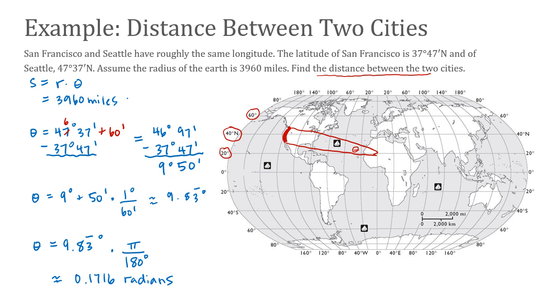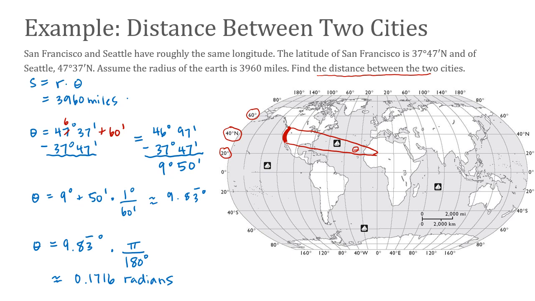Now, I'm writing these numbers, terminating them sort of randomly here. What you should know is that when I'm using my calculator, I'm using all the exact computations, and I'm only rounding at the very, very end. So even though I wrote 9.83 repeating, I actually used all those threes all the way out.